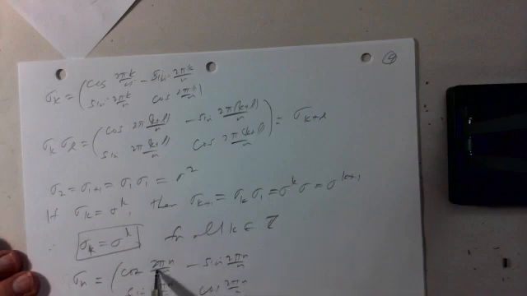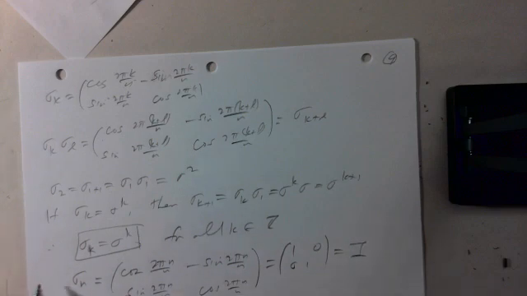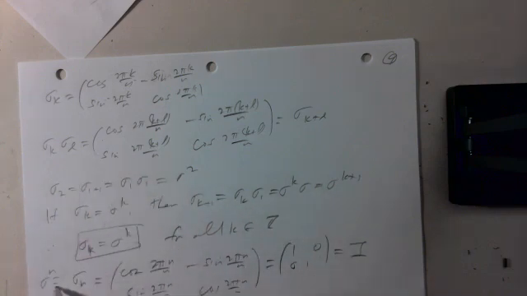This is cosine 2 pi, sine 2 pi. This is 1, 0, 0, 1. That's just the identity matrix. So this says that sigma has order n.